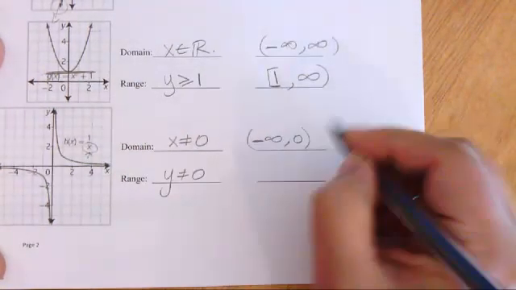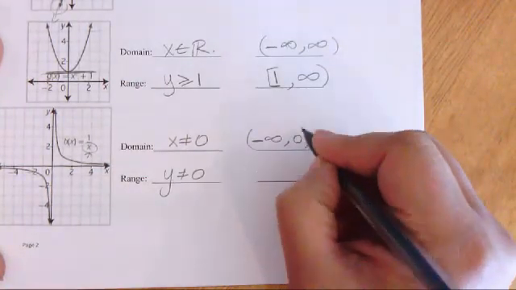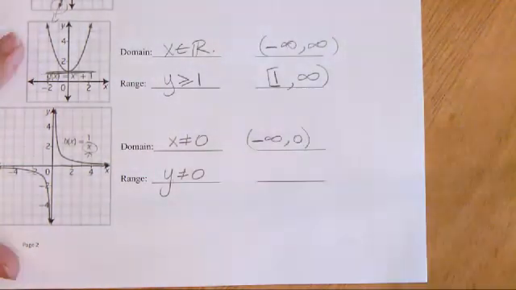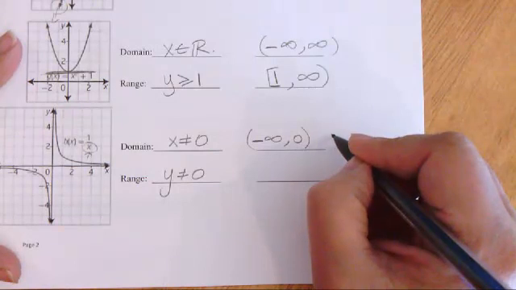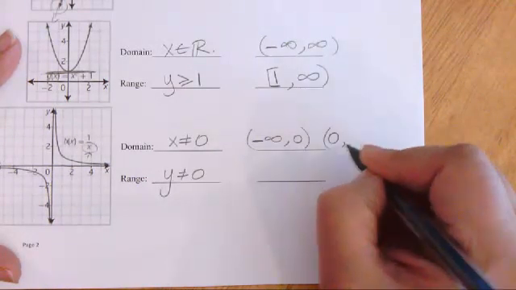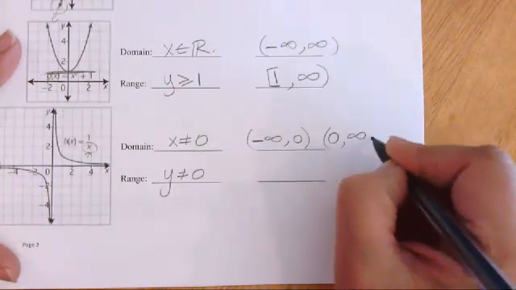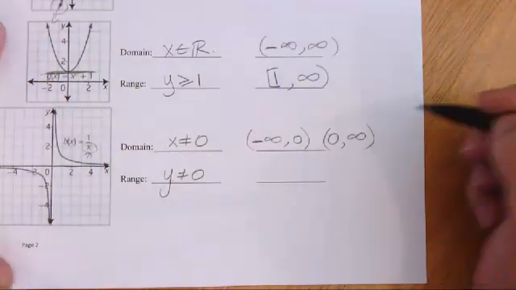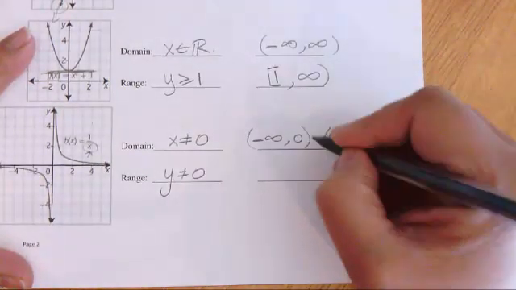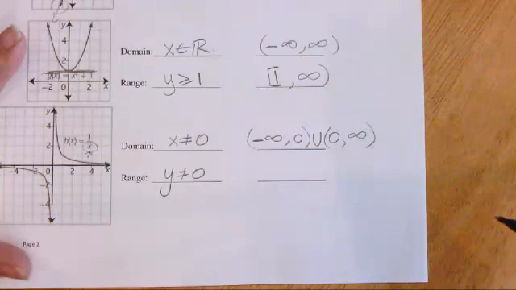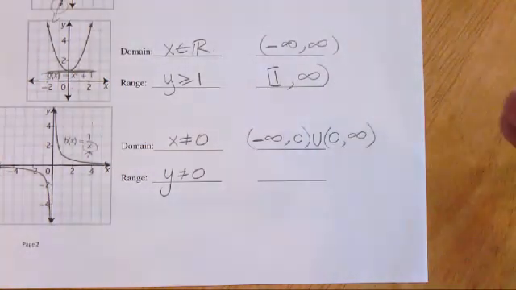We can go all the way up to 0, but we can't actually get to 0. And we need to talk about the positive infinity side, right? So here we've got 0. It's not allowed to be 0, but it can go up to positive infinity. So since we have these two statements, we need to put a little union symbol there. That means that we're able to do both.